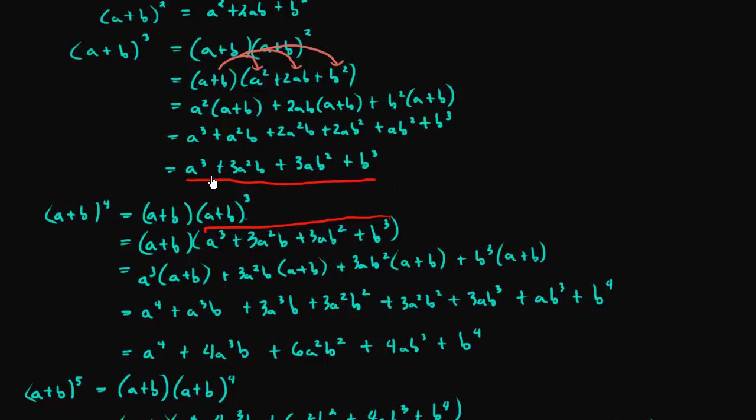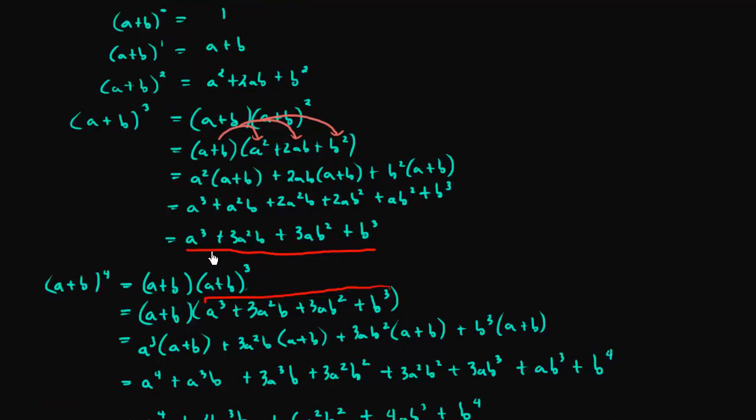The first thing to notice is that when we expand (a + b)^2, there are 3 terms: 1, 2, 3 terms.